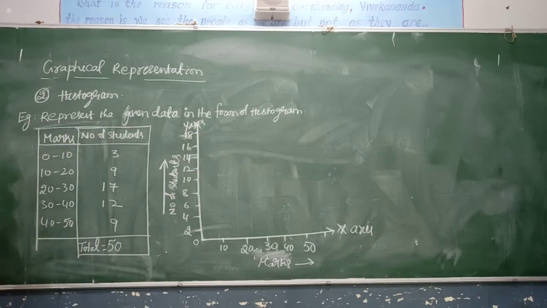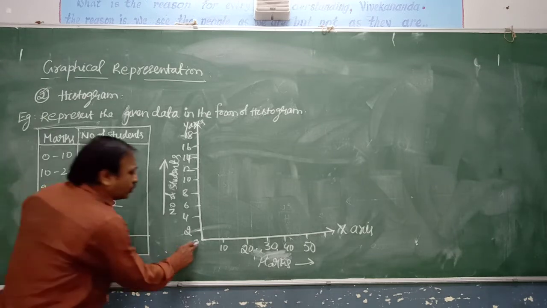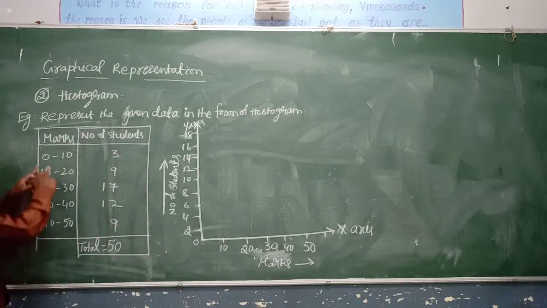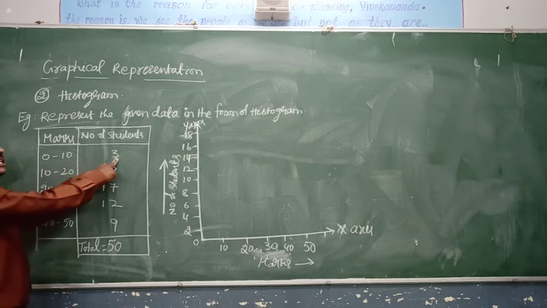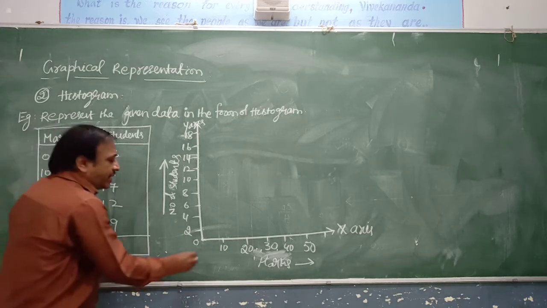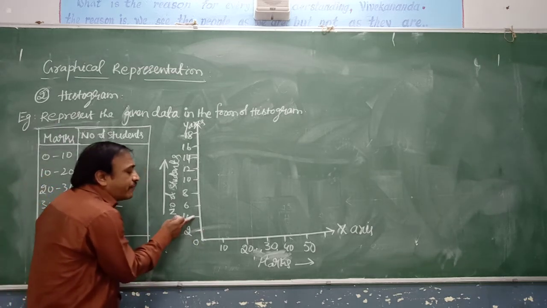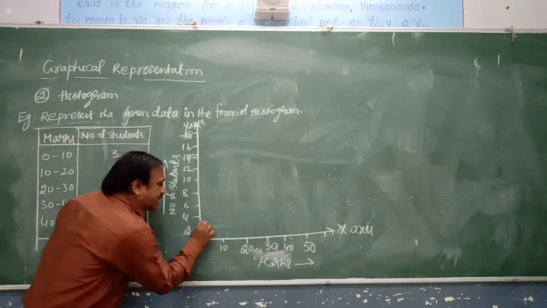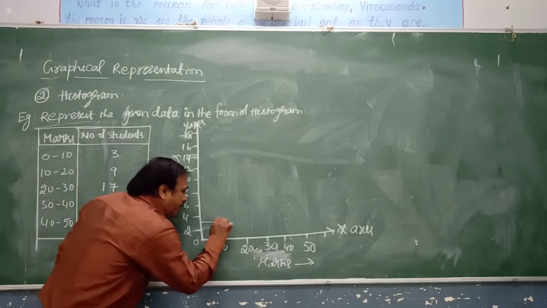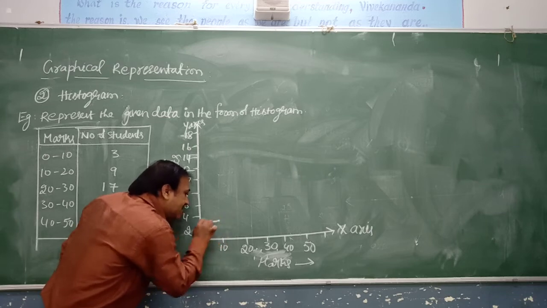For 0 to 10, how many students are there? 3. 3 lies exactly in the middle between 2 and 4. Observe, this is 3.